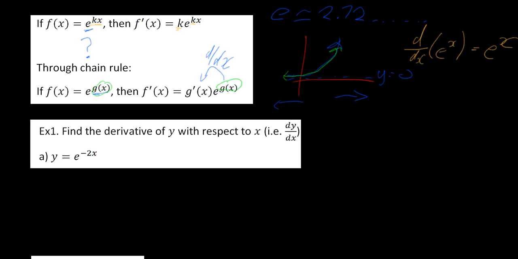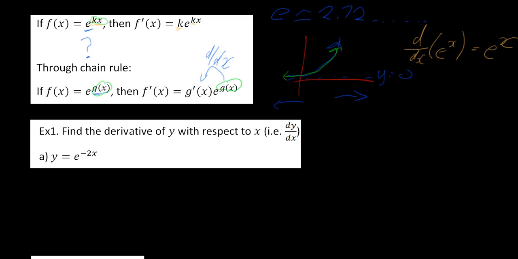We keep the index from the original function in the derivative function. These two stay the same, but what goes in front is simply the derivative of what's on top.